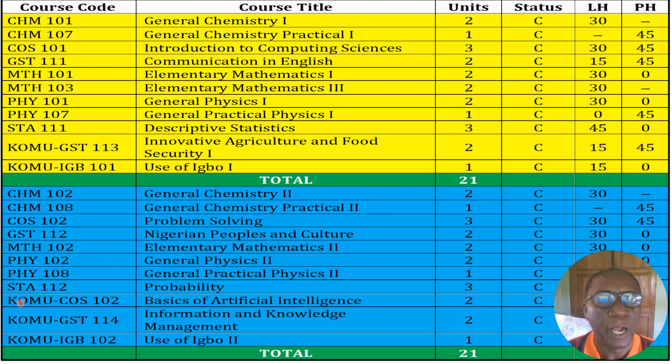Of course, KOMU course 102 is compulsory KOMU course for those in the faculty of computing. So it's a domesticated course, and of course these are also compulsory GST courses. So once we have done this, in writing the synopsis, we should first of all state the synopsis for KEN 101.